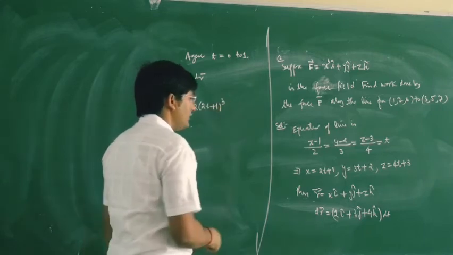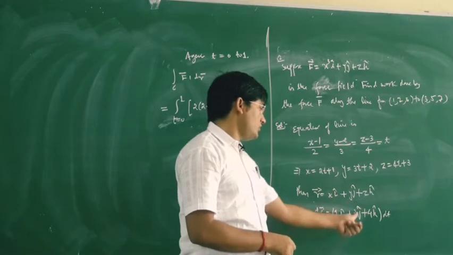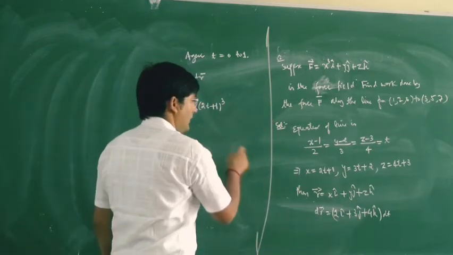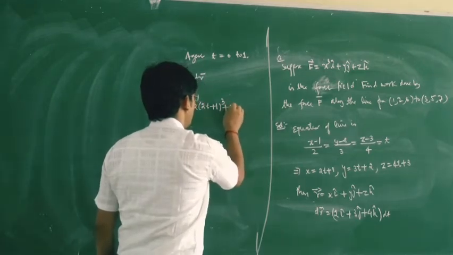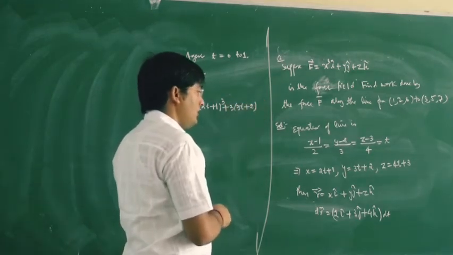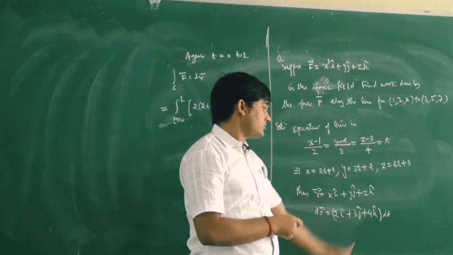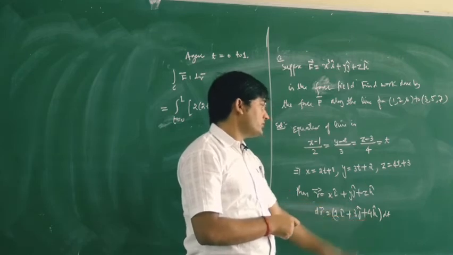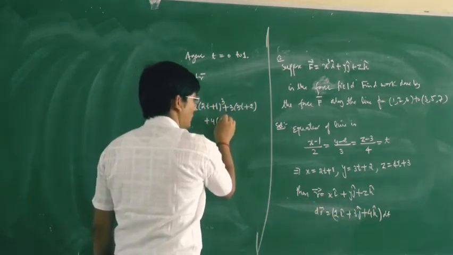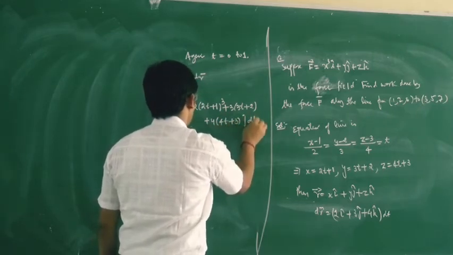Then your next term is y j into 3j, so this will be 3y, and y is 3t plus 2, so we have 3 into (3t plus 2). And then your third term is z k into 4k, so this will be 4z, so we have 4 times (4t plus 3), and then the integration with respect to t.